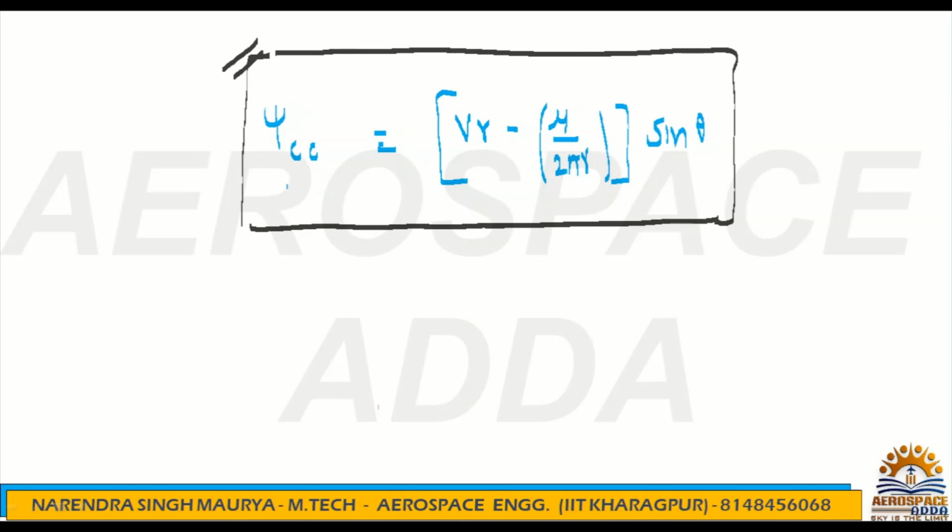Otherwise you can take the concept of the stagnation point: the equation of the streamline passing through the stagnation point, where psi will be 0. If you make psi equal to 0, you can get the r value and theta value. Any option you can choose.